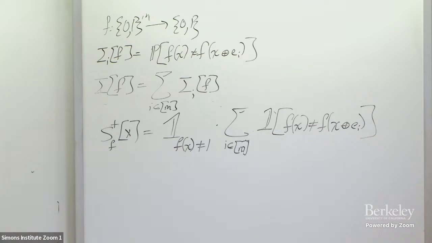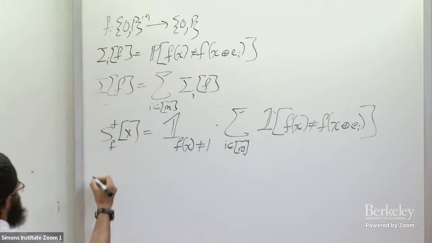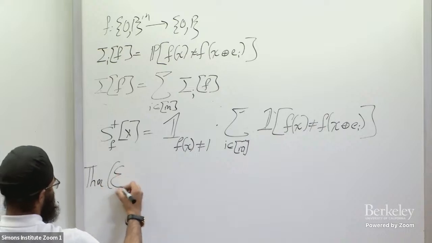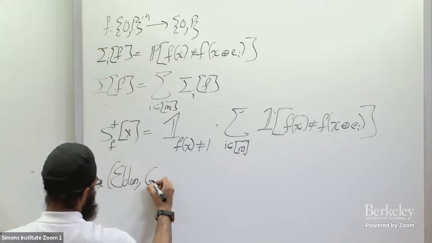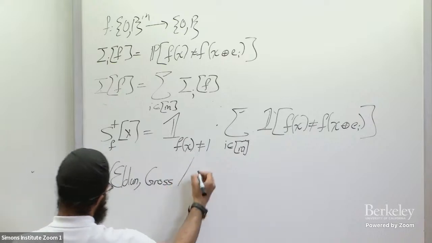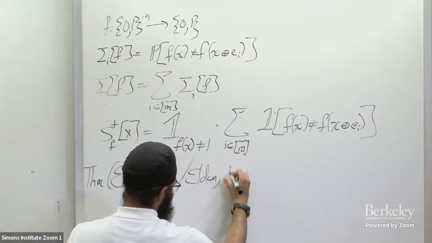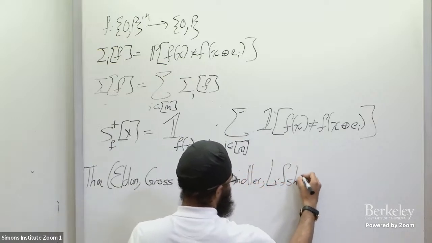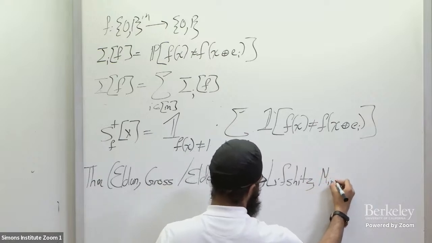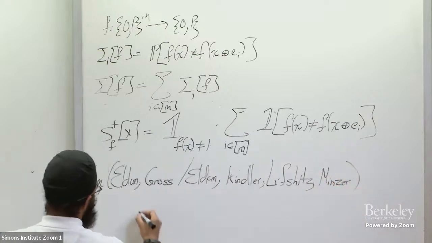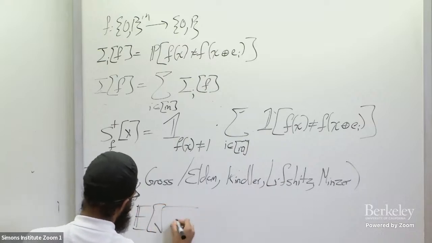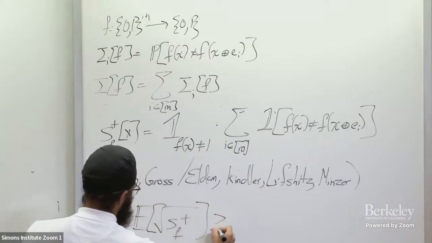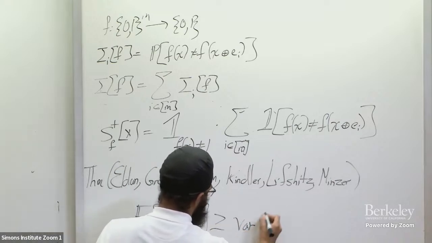Finally, the main result we'll need is a quantity relating the positive sensitivity to the influence and the variance of the function f. This is a theorem of Eldan and Gross. There was a simpler proof given by Eldan, Kindler, Lifshitz, Minzer. What we need is that the expected value of the square root of this sensitivity is at least the variance of f.